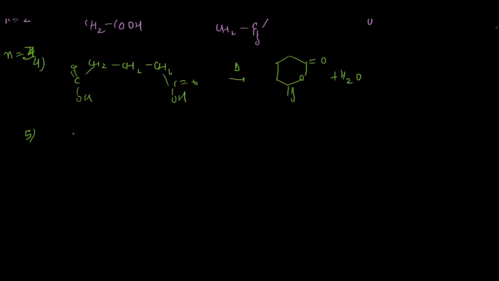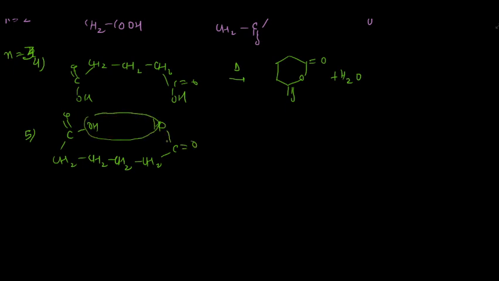Fifth, when n equals 4, CO2 and H2O both gases should release. So H2O will release and CO2 will also release. So heat, minus H2O, minus CO2, what will it form? It will form cyclopentanone.